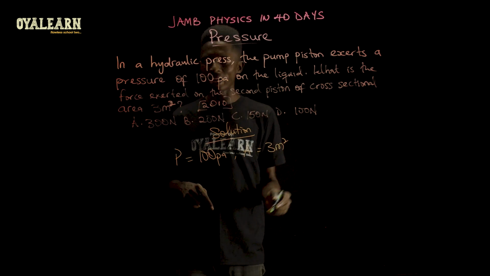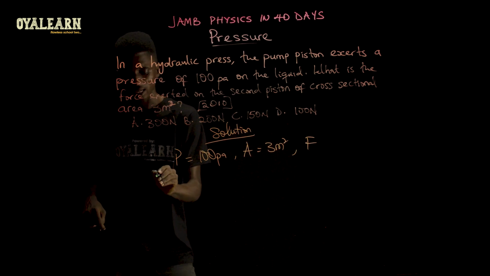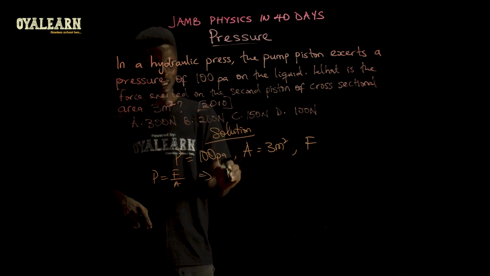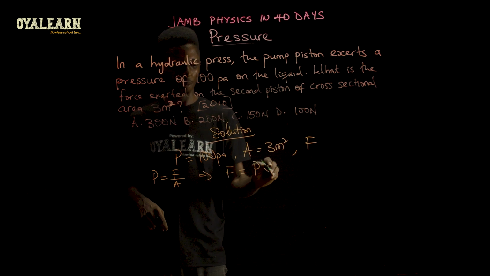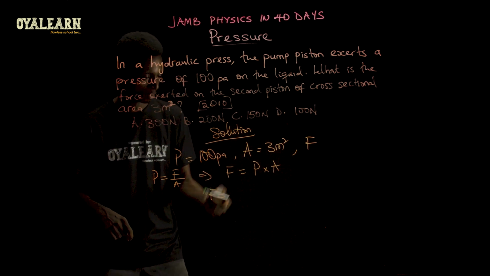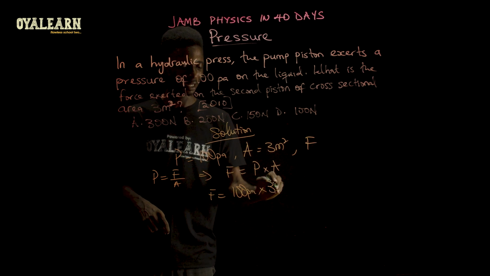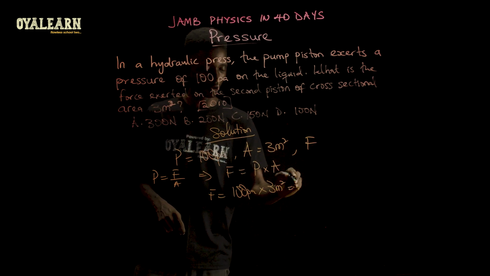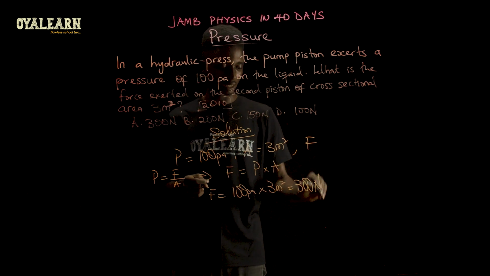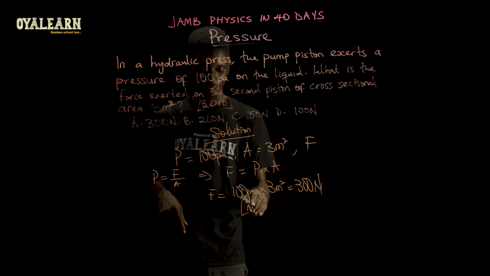And we're asked to find the force. Now, the relationship between these three parameters is that pressure equals force over area, which implies that force would be pressure multiplied by the area. So let's find the force then. The pressure, 100 pascals, multiplied by area, 3 meters squared. And this will give us 300. And the unit of force is newtons. So 300 newtons is our answer, and that is option A.